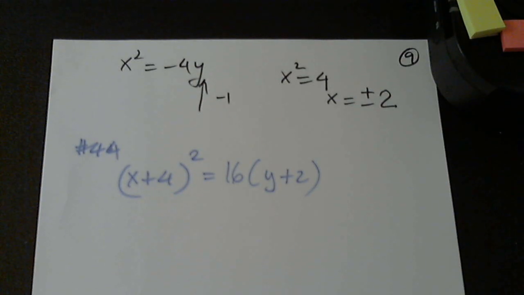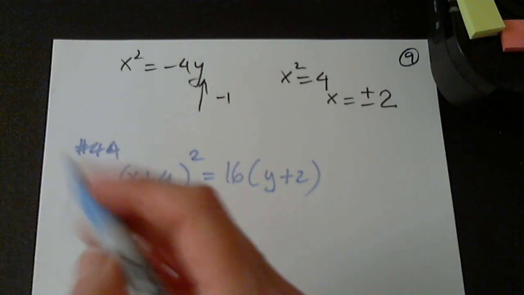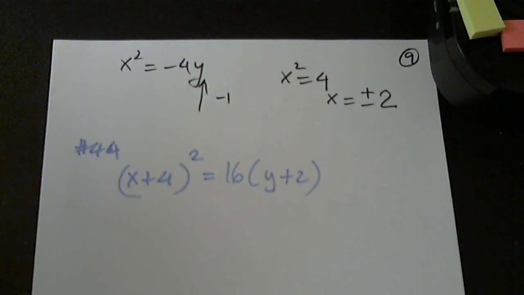Of course, x can have plus 4 or minus 4. y can be plus or minus. It doesn't matter. So the form is this. (y minus a number) squared equals 4a times (x minus a number). Sorry, it was x. We have x on the left.